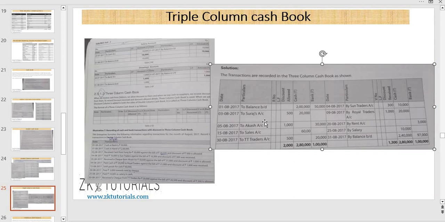To record discount received and discount allowed details, a triple column cash book is used. When discount columns are added on both sides of the double column cash book, it is called a triple column cash book. The proforma is also given here and the question is also given here. I am giving you 2 minutes to go through this question.